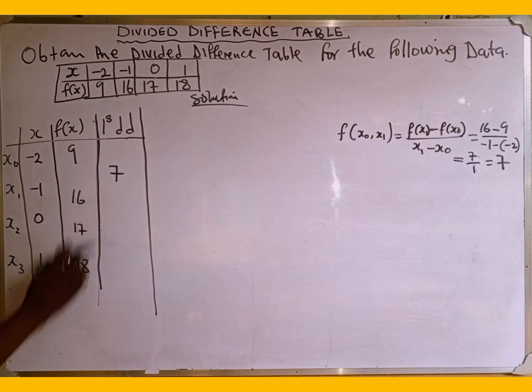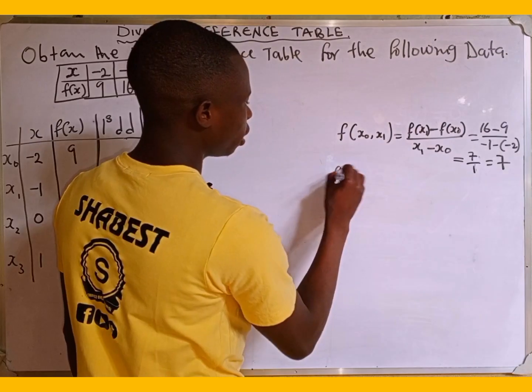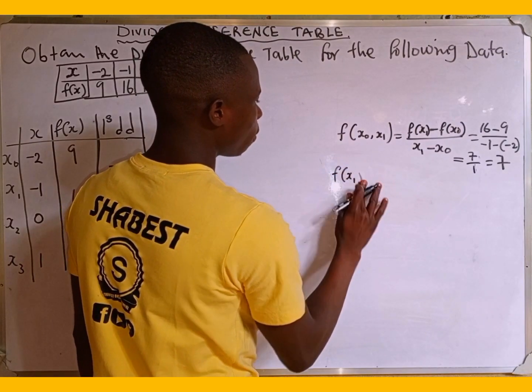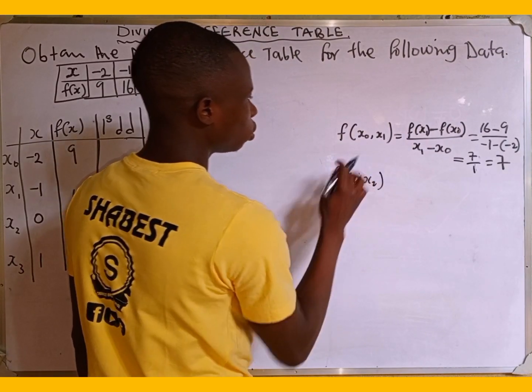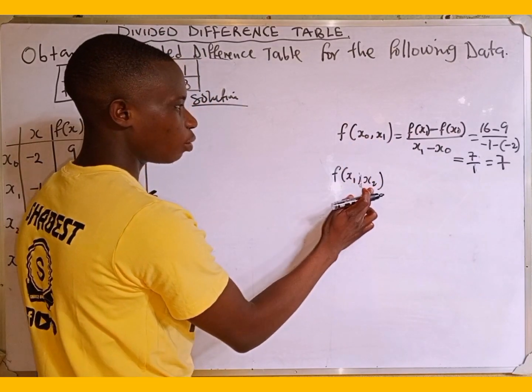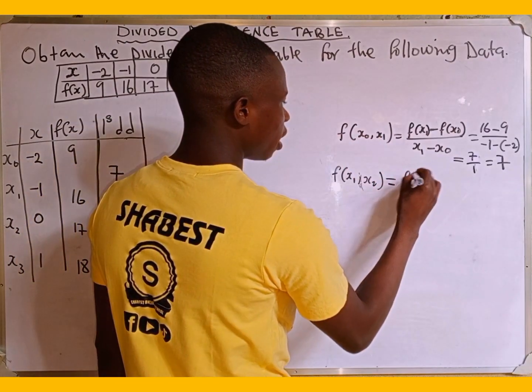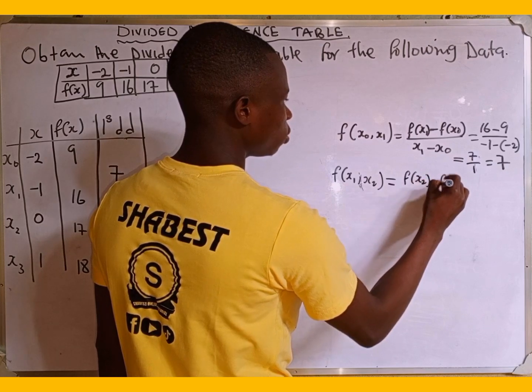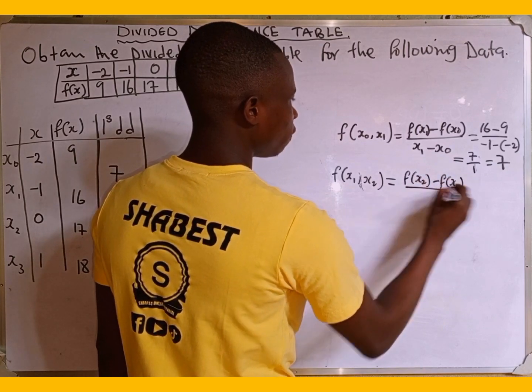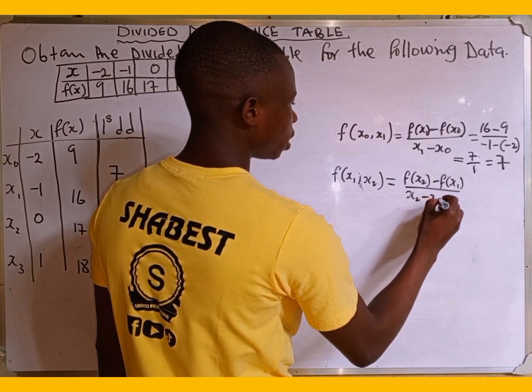Now, to get the next one, which is f of x1, x2, we just increase the index by 1, which is equal to f of x2 minus f of x1 divided by x2 minus x1.